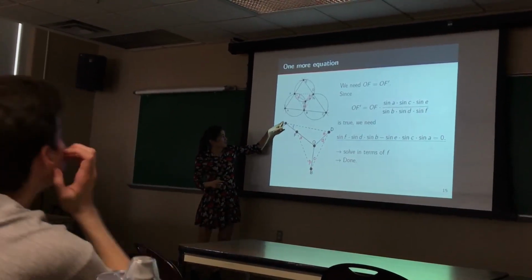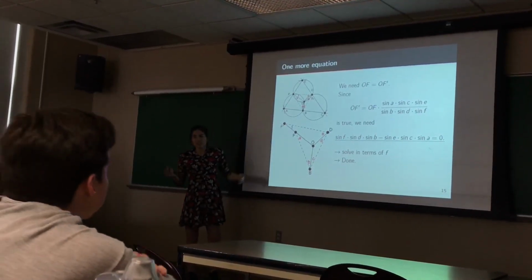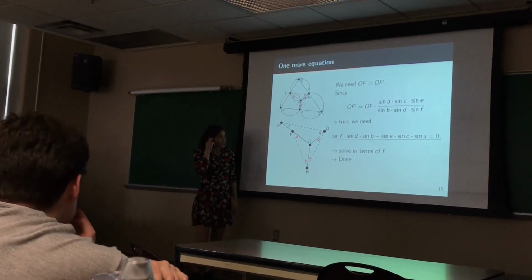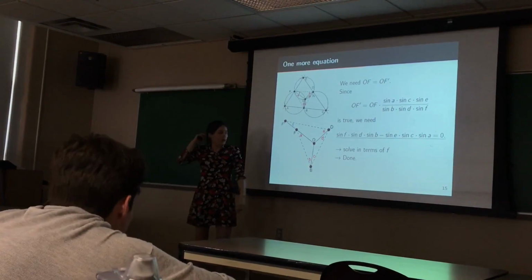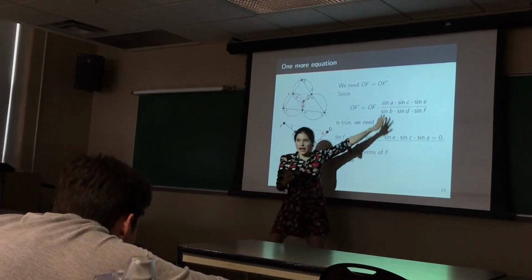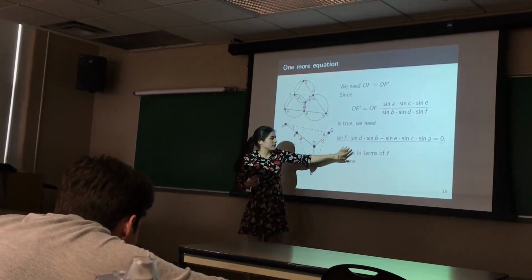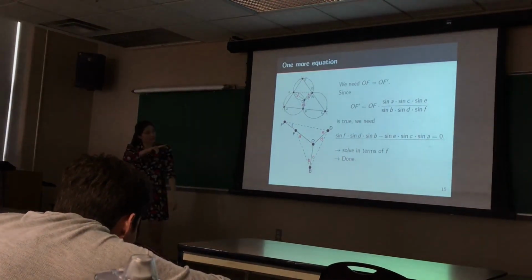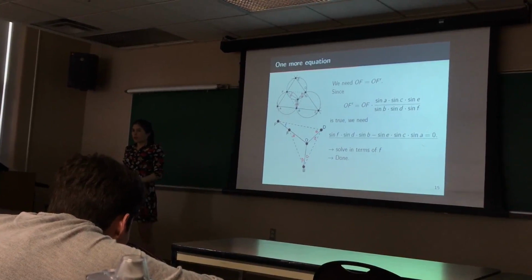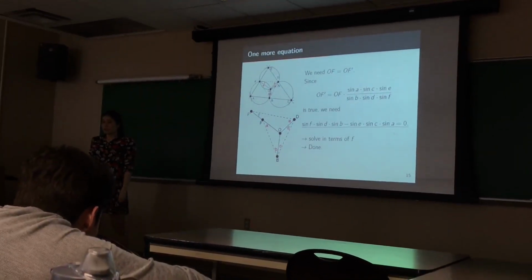So we're going to have this vertex F prime that shouldn't exist. So the last relationship we wanted A, B, C, D, E, F to satisfy was for this fraction to be 1, which is equivalent to this equation being true. After solving that equation in terms of F, we get a unique value for A, B, C, D, E, F.